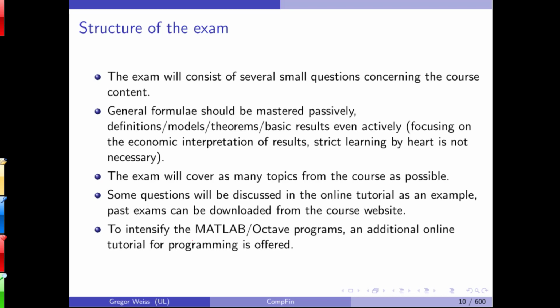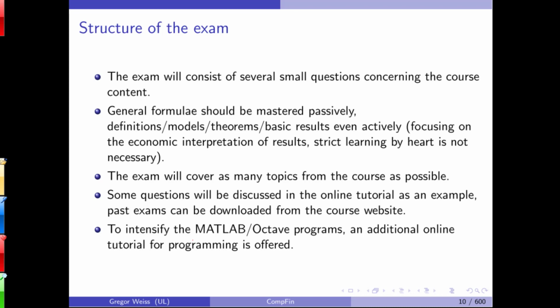And there is always one 10-point, that is 10-minute question with a MATLAB Octave program. You will be given a program that is void of any hint at what the program might do, and you are asked to interpret the program, to say what it does, what the results should be, what its intended purpose is, and what problems are associated with this program.